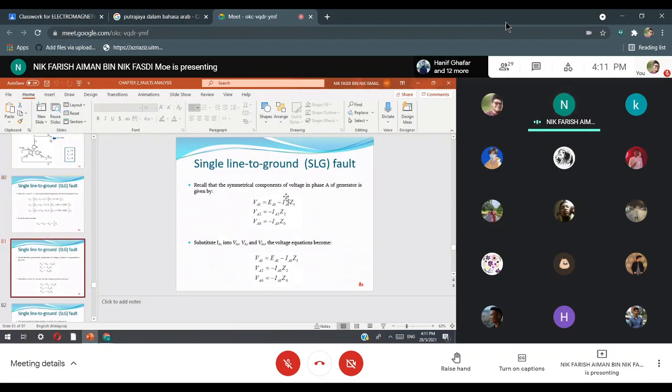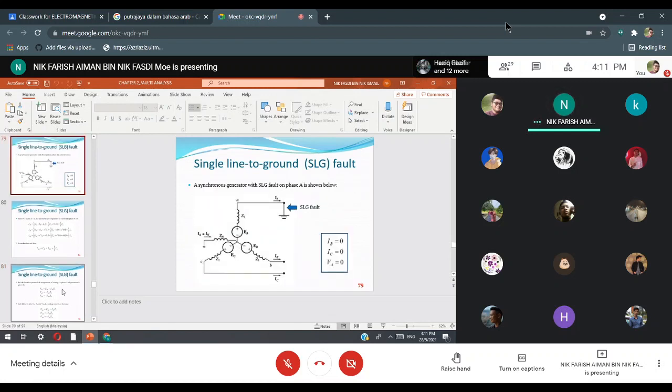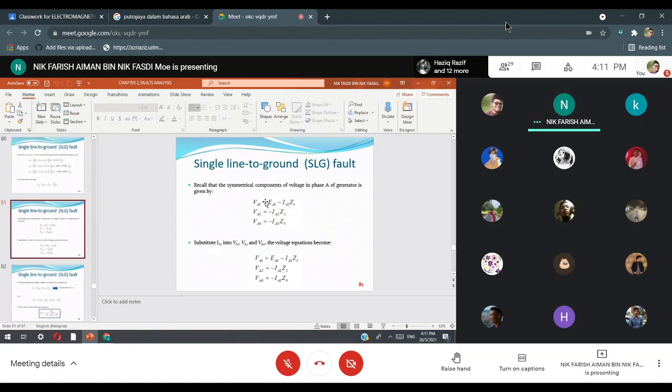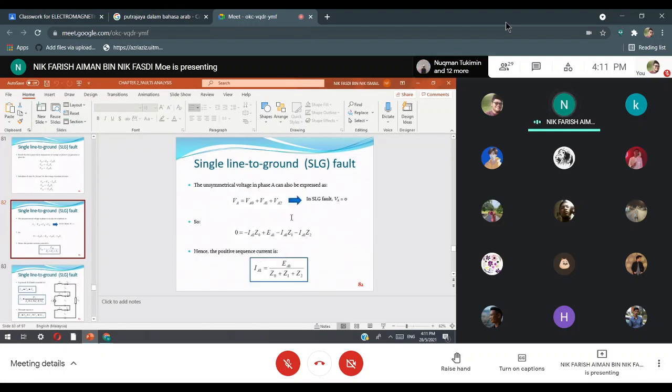Okay, then recall for the voltage. For the phase A, fault at the phase A, you can consider the voltage, EMF of positive sequence. So negative sequence, zero sequence, doesn't have a voltage. Dan ini equation tadi lah, the first dalam slide yang awal tadi, the earlier slide that I show you. Okay. Then when you do the substitution for this equation, you have this one. Later on when make all the derivation process, you akan dapat equation yang ni.